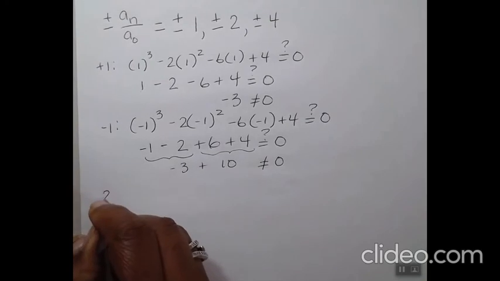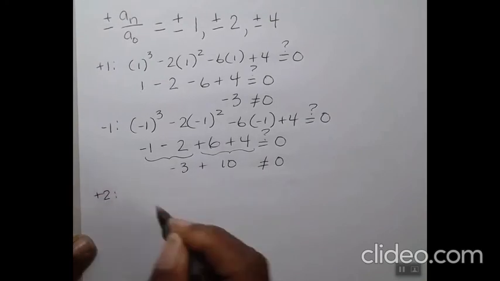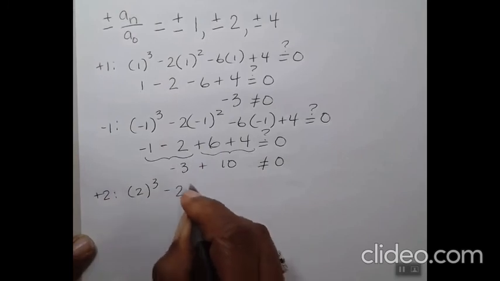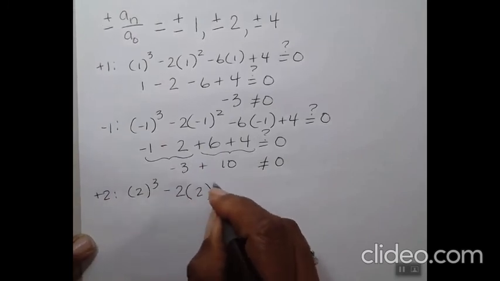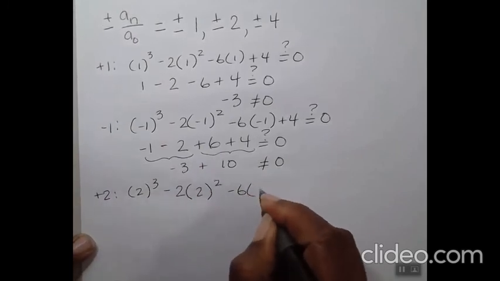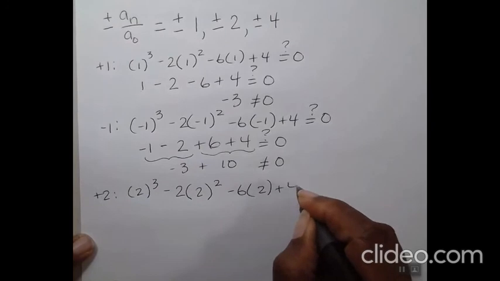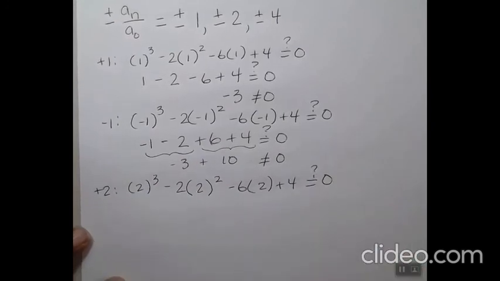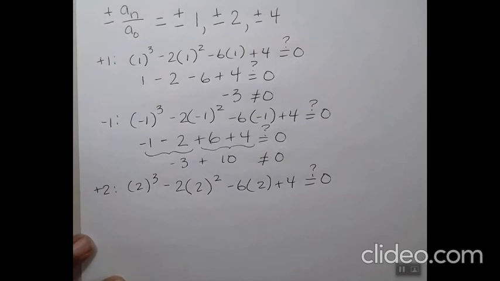Let's see if positive 2 works. 2 cubed minus 2 times 2 squared minus 6 times 2 plus 4. Does this equal 0? This feels like a bit of a long way around, but I believe it's a shorter way. 2 cubed is 8.